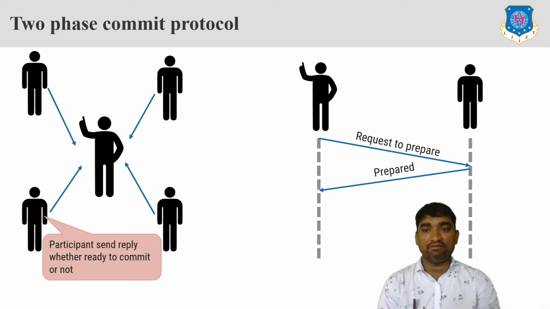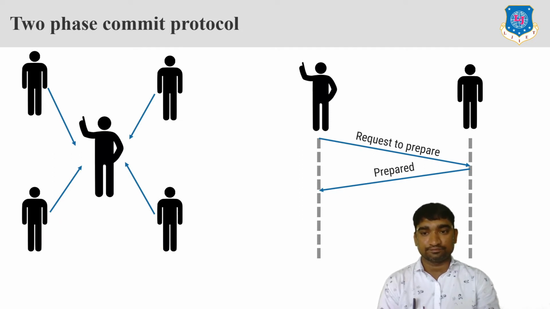If one of the 4 participants is not ready, he or she will send an acknowledgement accordingly. If the work is completed by every participant, then they are all ready to commit.